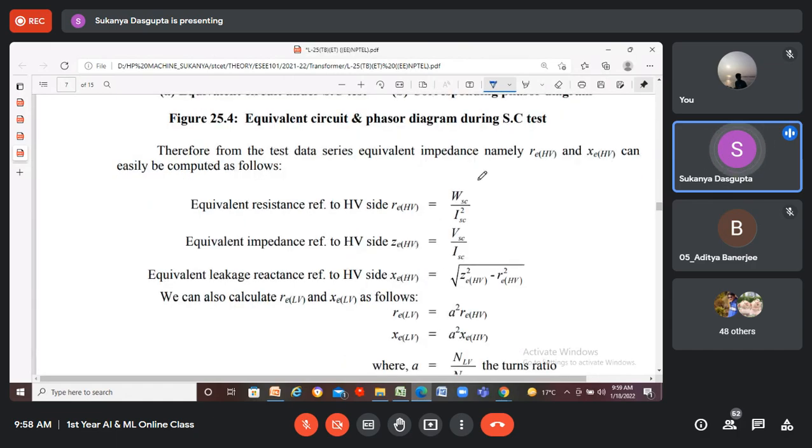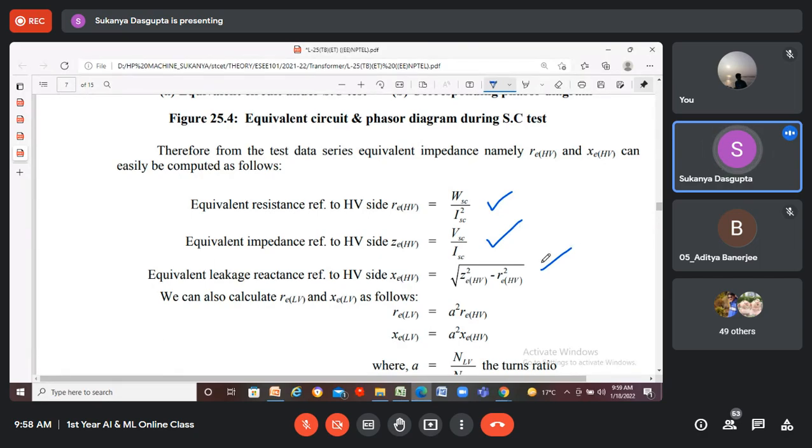So here are the parameters given from the short circuit test operation of a transformer. The equivalent resistance is wattage divided by the square of current, referred to the high voltage side, obviously. The equivalent impedance is voltage divided by current. The leakage reactance is the square root of impedance squared minus resistance squared.